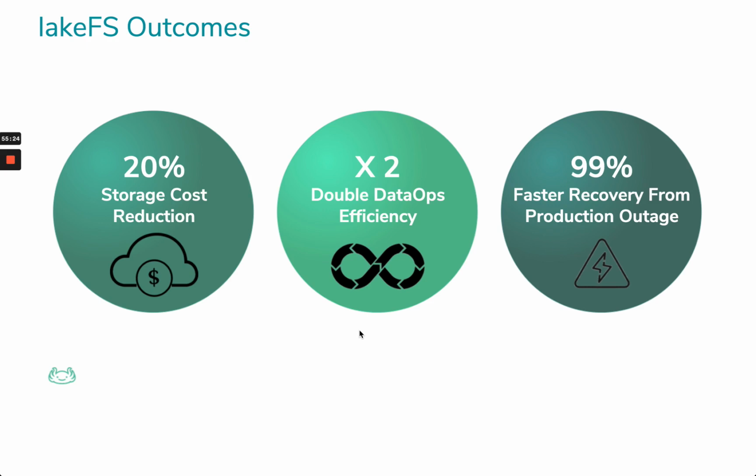It speeds up our development process, so double data ops efficiency, 100%, also for data governance, data quality, and software engineers gaining control and getting more comfortable with their code. And 99% faster recovery from production outages. If something happened to my data because of my logic, I can always revert, which is really, really important.